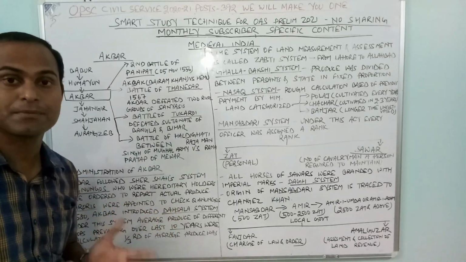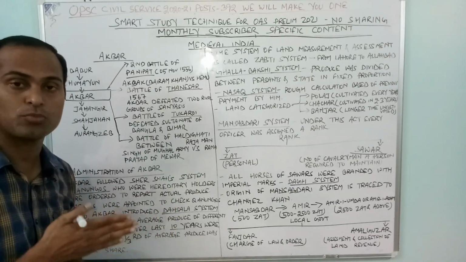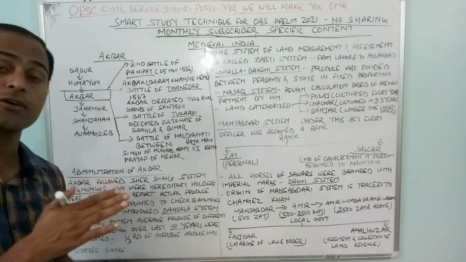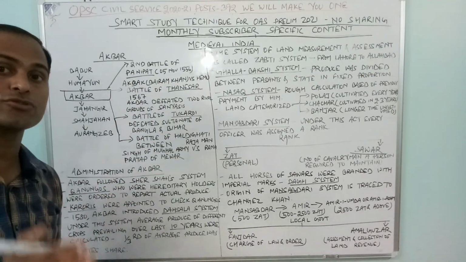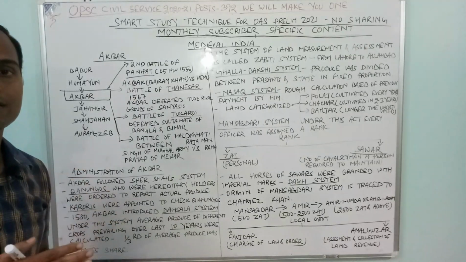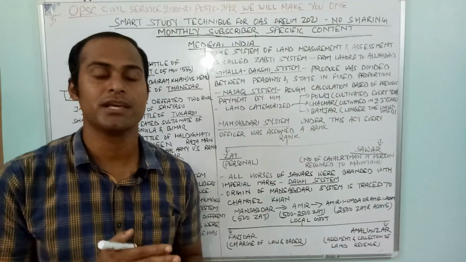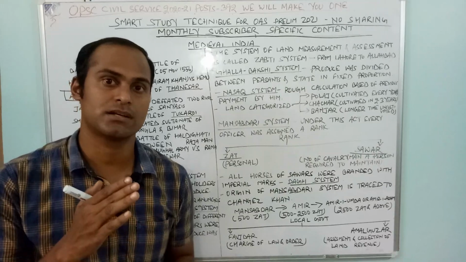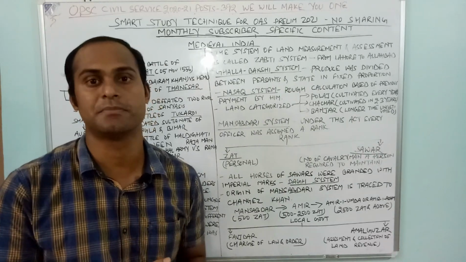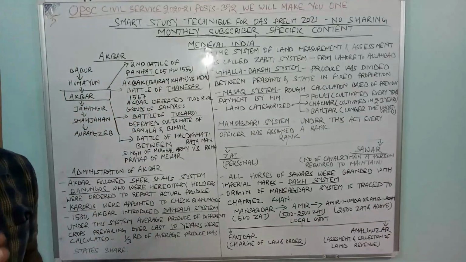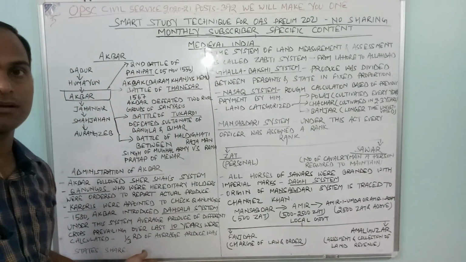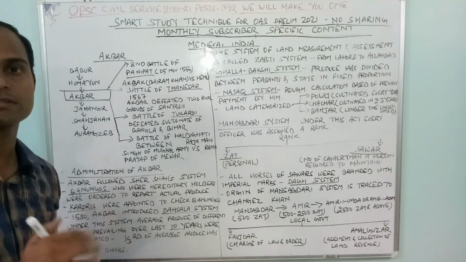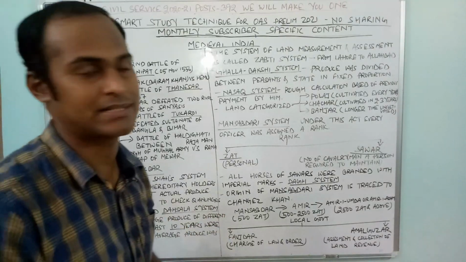Different crops were being produced, and Akbar calculated the average produce over all 10 years, and 1/3 of it would be the state demand. For example, if the average is 60 kg per bigha, then 1/3, that is 20 kg per bigha, will be the state's tax.